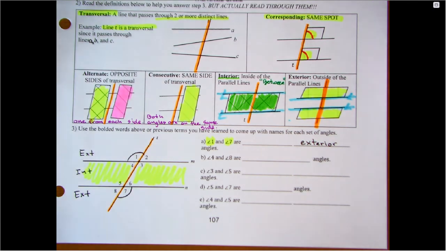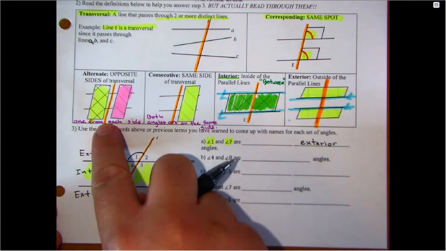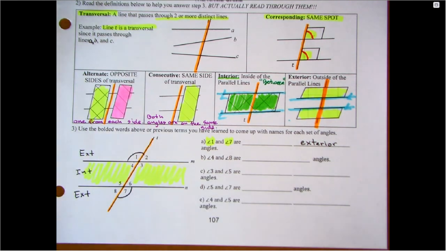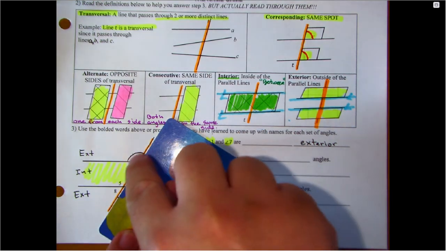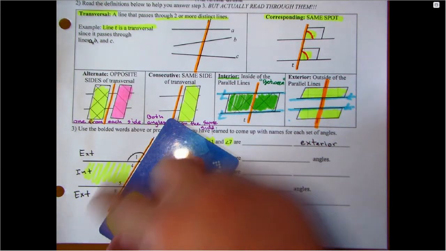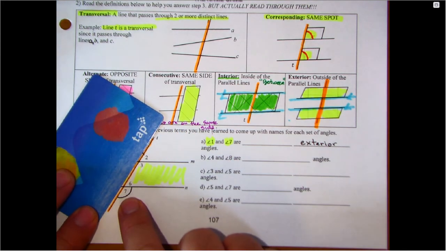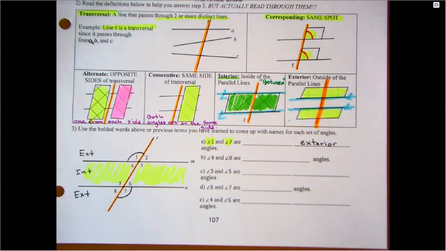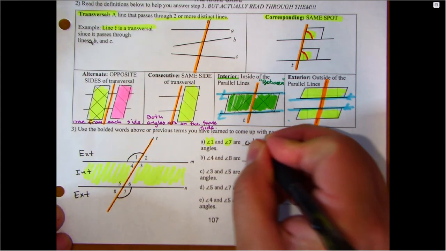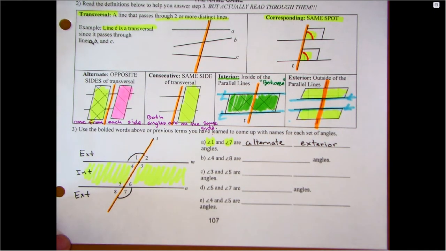Now remember what that means. It means it's one from each side of the transversal. Well, that's why I like using my little card here. Look at this. See, only one of my angles is on this side of the orange line. And when I cover this side up, only one of the angles is on this side of the orange line. So yes, these are definitely alternate exterior angles. That's what we're looking at right here.